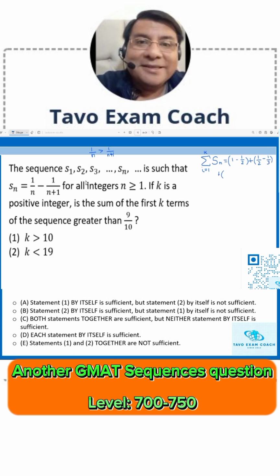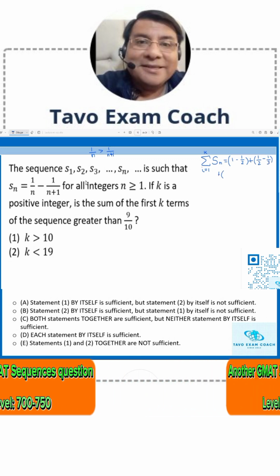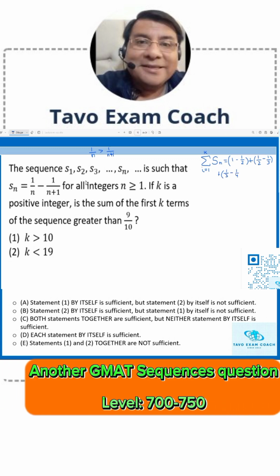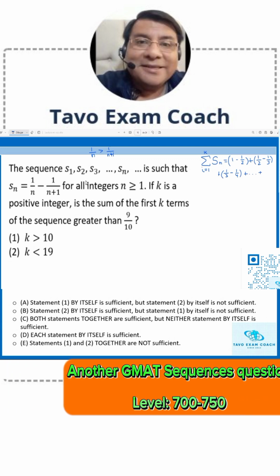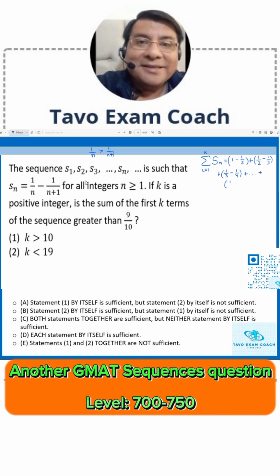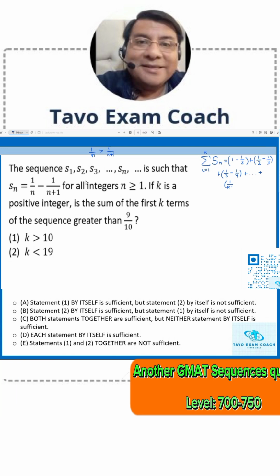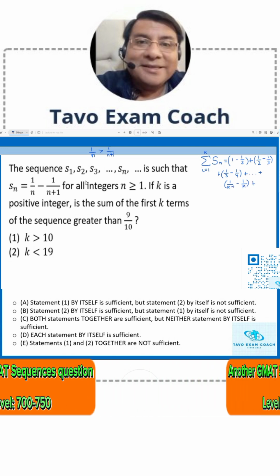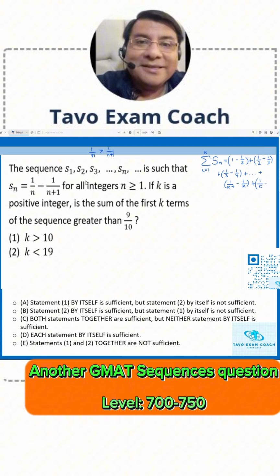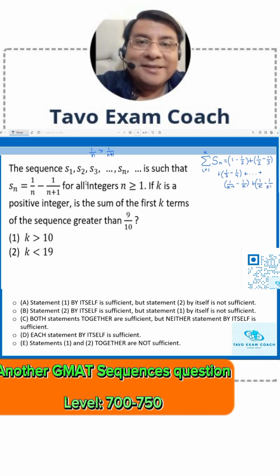Then the third term, S3, would be 1 over 3 minus 1 over 4, and so on. Finally, the penultimate term would be 1 over k minus 1 minus 1 over k, and the last term, 1 over k minus 1 over k plus 1.